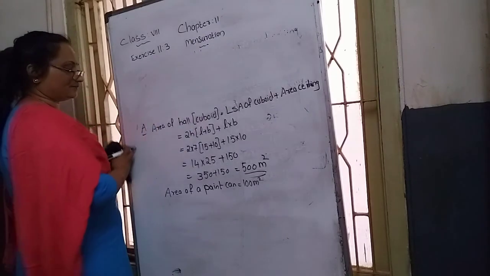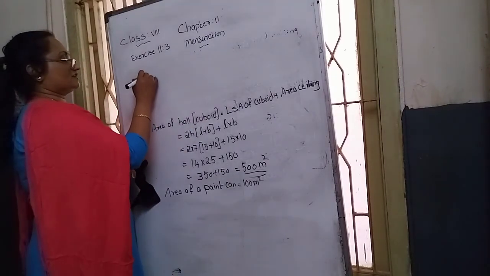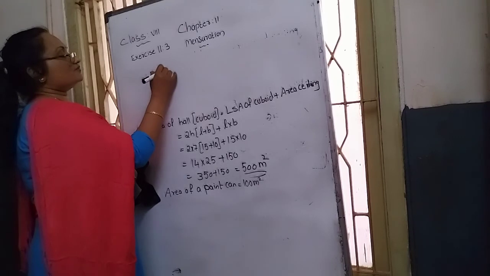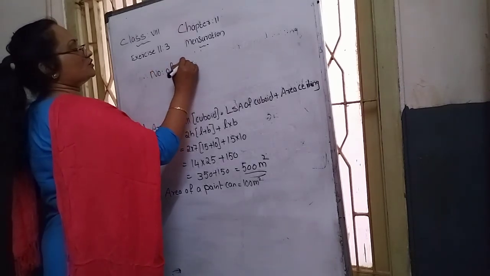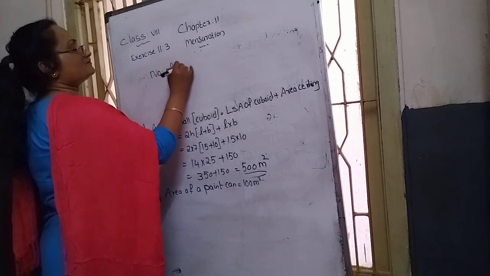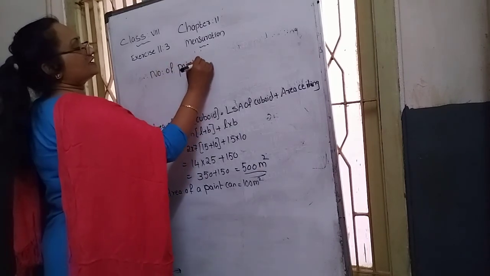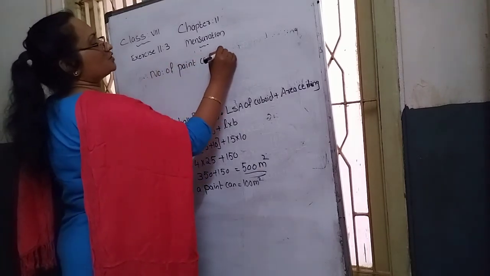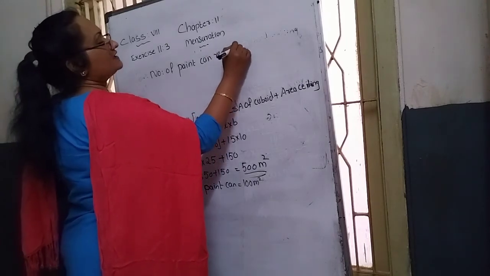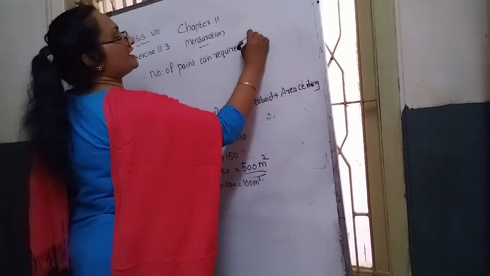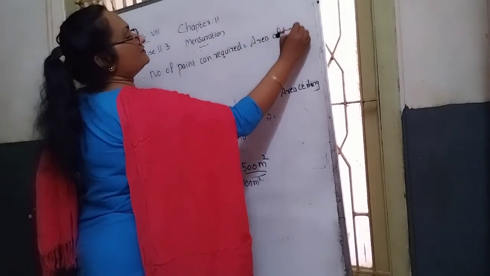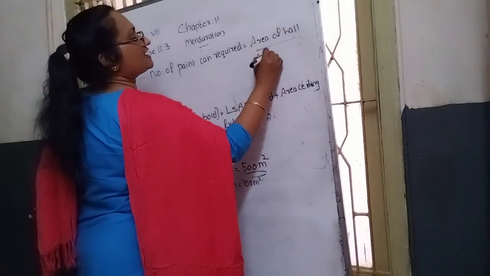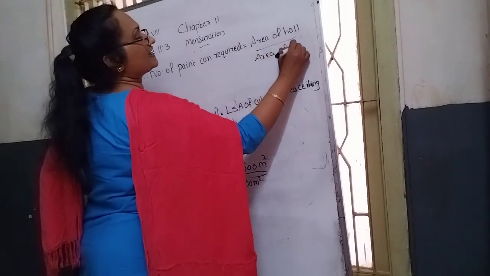Next step, we write: therefore, number of paint cans required is equal to area of hall divided by area of a can.